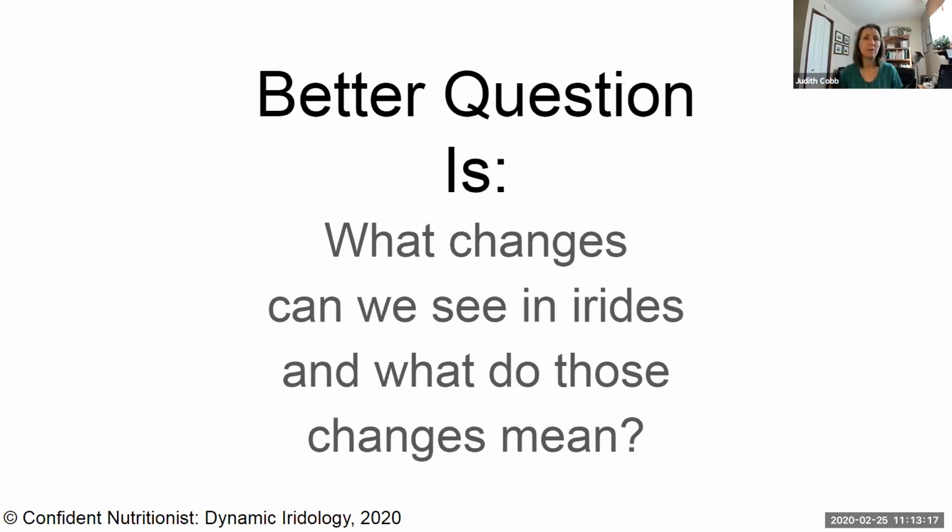But just as I was about to walk away was when I was blessed, truly blessed, to learn constitutional iridology. And it just made so much sense. The more I studied it, the more sense it made, the more it actually worked in my clinical practice, because I was no longer saying, we do this cleanse, the eyes will change.